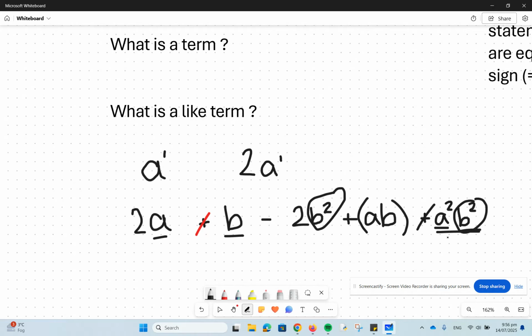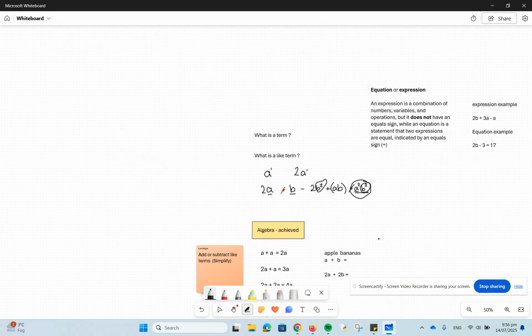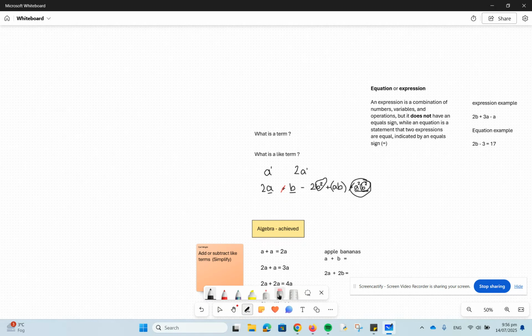So can we add, since this is not ab, this is just b squared by itself? So the whole thing has to be the same, okay? That's the reason why that's not going to work. Okay, so anyway, let's move on.